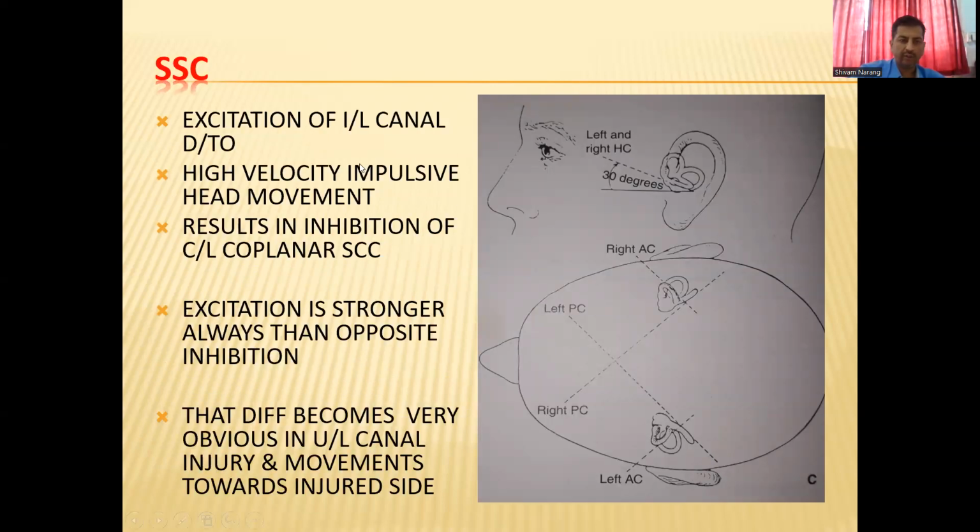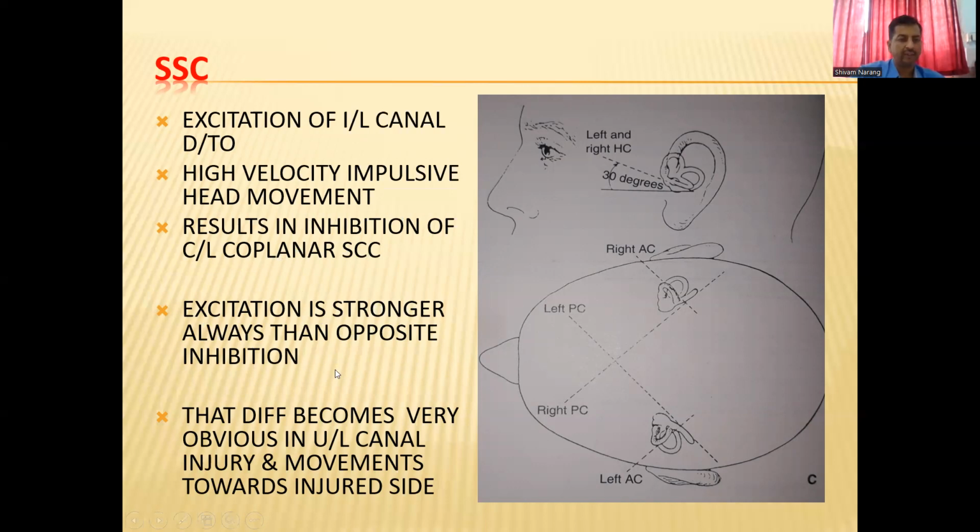So this is all the same thing we have discussed in detail. The excitation of the ipsilateral canal due to the high velocity of impulsive head movement results in the inhibition of the contralateral coplanar semicircular canal. This is another rule, always remember it by heart.